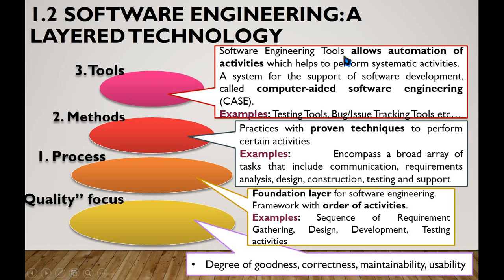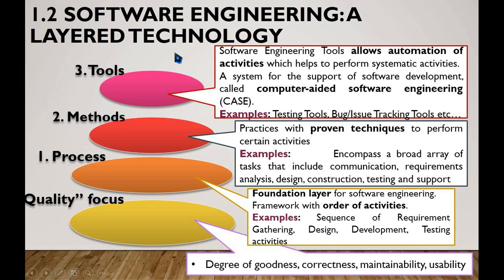Software engineering tools allow automation of activities, which helps to perform systematic activities. A system for support of software development is called computer aided software engineering. In short, we can say it's CASE, C-A-S-E. Examples of tools are testing tools, bug or issue tracking tools, etc.